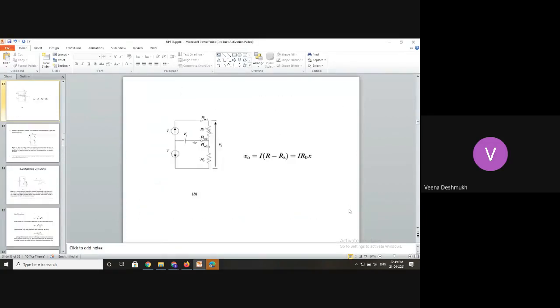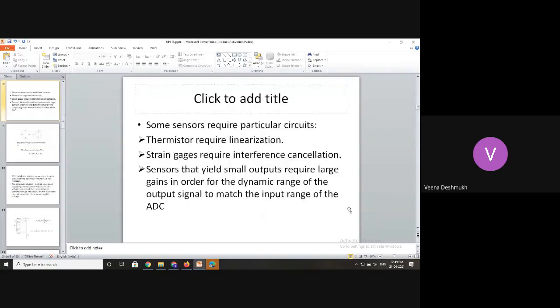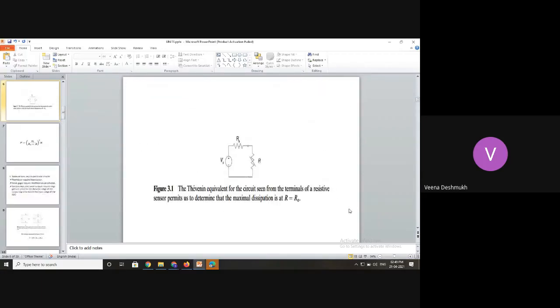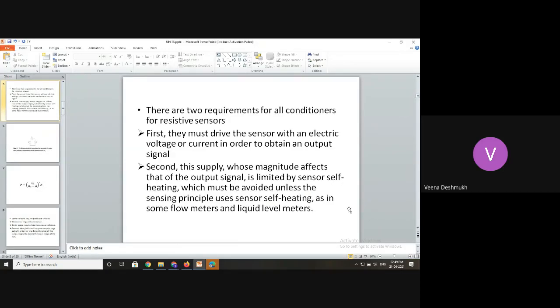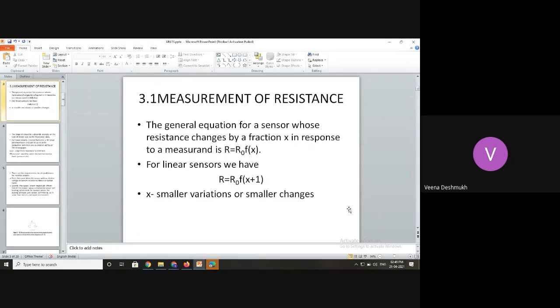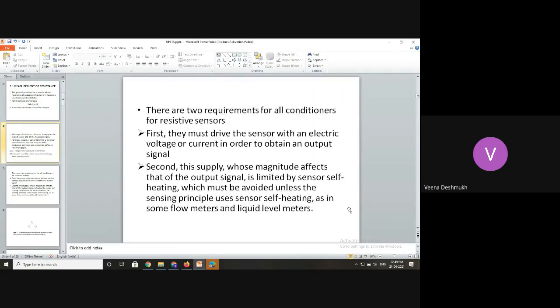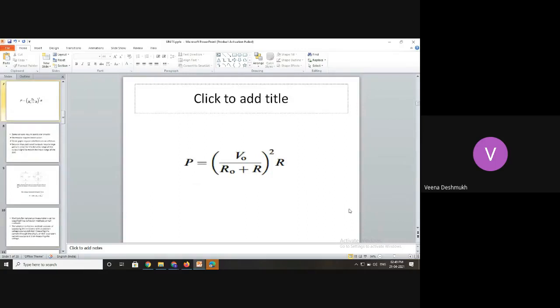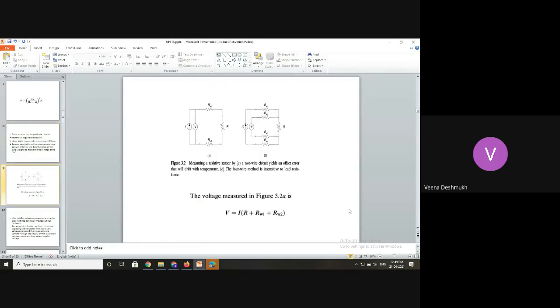So a quick recap. We started with conditioning networks for resistive sensors. Now basically, why do you require these conditioning networks, especially for resistive sensors? Most of our sensors are on the basis of resistance measurement, and they are easy for us because over a wide range we can use them.